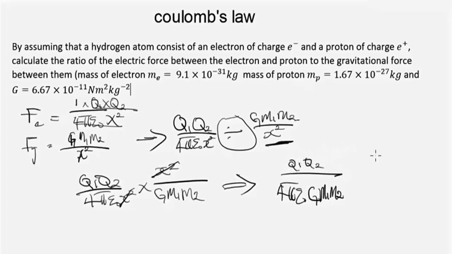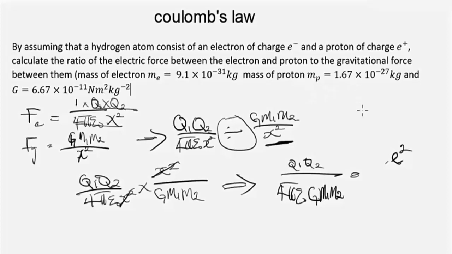And notice that Q1 Q2 can also be retaken to be e squared, since the charge of the proton is the same as the charge of the electron.